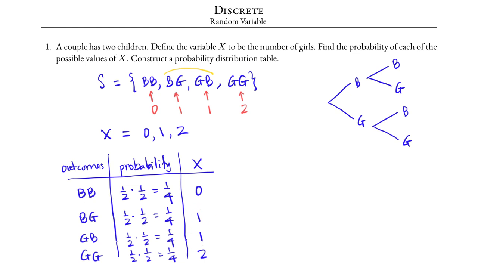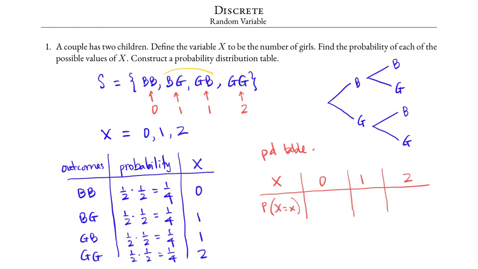So this time, this is a probability distribution table. We list x, and then we list the corresponding probability, where we write P of capital X equals lowercase x. What are the possible values of x here? 0, 1, and 2 only. There are three possible values for x.